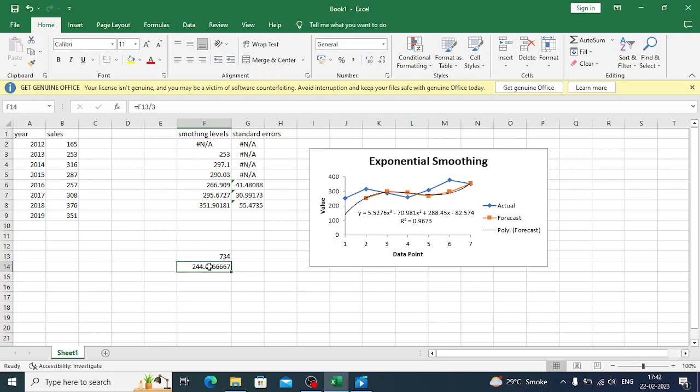Just consider this one is 244, and as we have used the damping factor of 0.3, by this formula they have calculated the smoothing level.